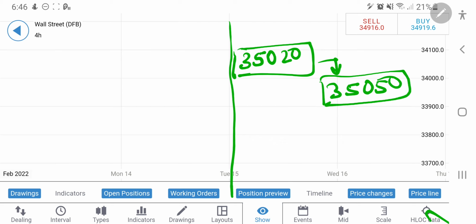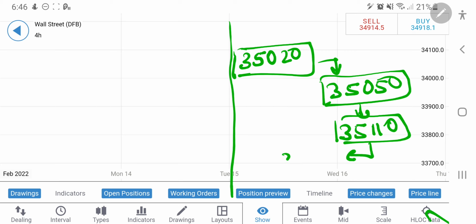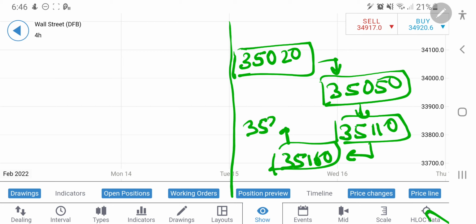Remember yesterday it traced from these levels perfectly precisely. Beyond that 35,110, 35,160, and 35,200. Till here I expect that even if it achieves, it can try to drop from here, but if it breaks this, my next target is directly towards 35,400.